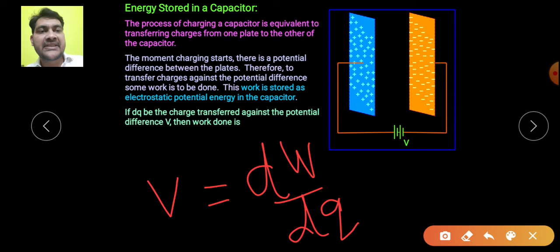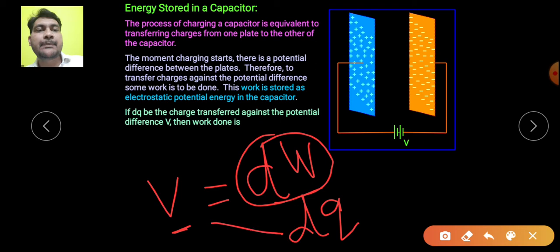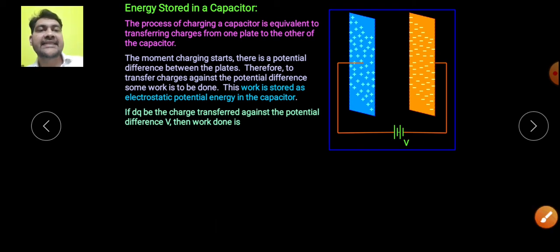So from this relation you can calculate what amount of work is required to transfer dq charge across the potential difference V. You simply cross multiply V and dq and you get the work done. So dW is equal to V dq, and this work done is stored as potential energy of the capacitor.